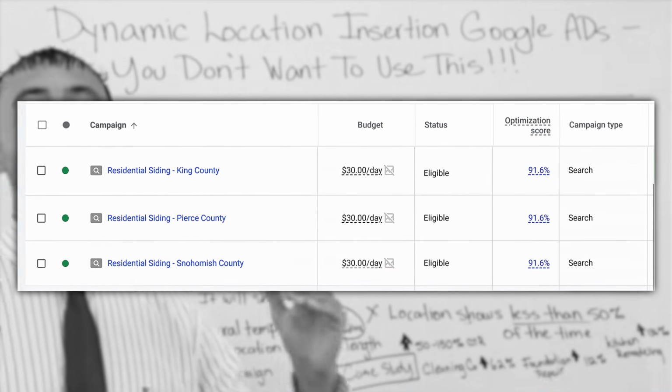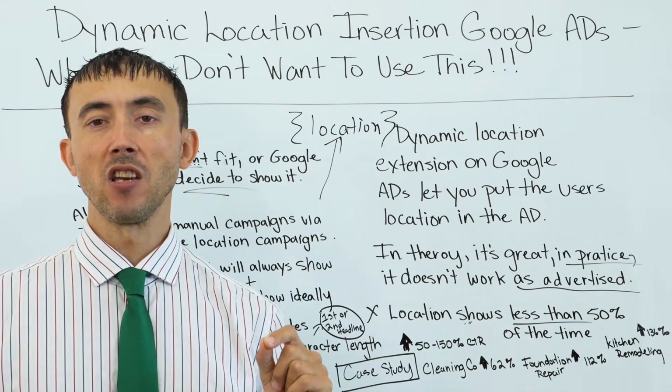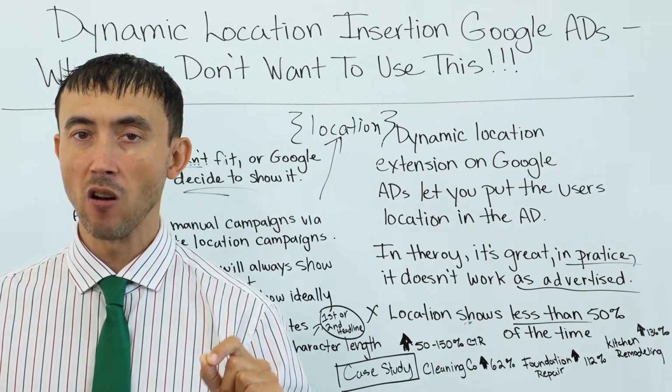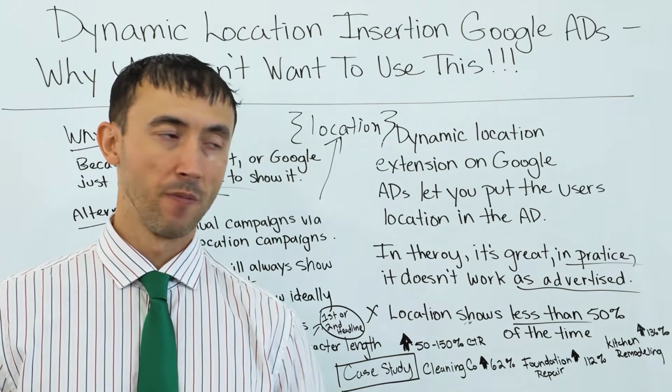But with that setup, you can guarantee that the location's going to be in the ad and specific to the user's exact location. Not just saying Chicago, but Lincoln Park, Naperville, whatever, which are all suburbs of Chicago, if you didn't know.